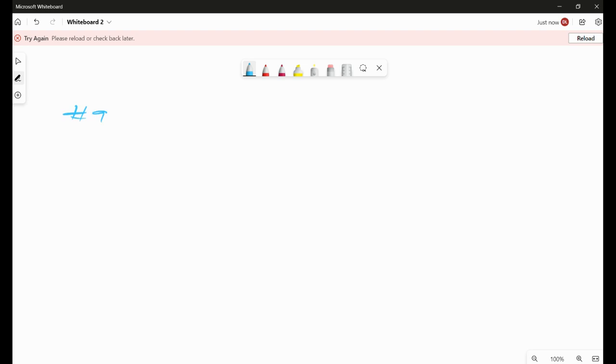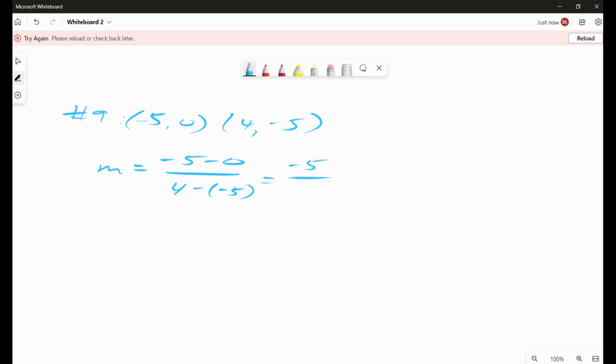I'm going to take negative 5 and 0, and then we're going to do 4 and negative 5, and then I'm going to do my slope because I need a line. So I'm going to do my y. So it's negative 5 minus 0 over 4. Since I chose negative 5, I'm going to use this x first. 4 minus a negative 5, and that's going to be negative 5 over 9. So that's my slope.